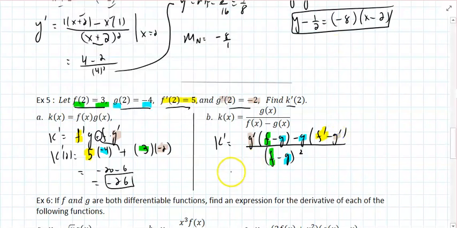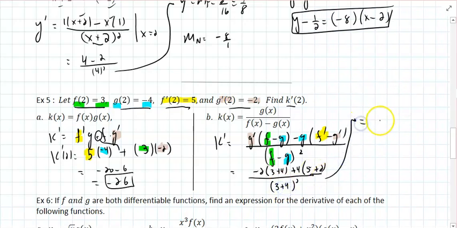So if I replace those accordingly and simplify, that's a -2, and f was a 3, g was a -4, so that's +4, minus a -4, so that's +4 times 5, and g prime was -2, minus a -2 plus 2, and the denominator is f, which is a 3, minus g, which is a -4, plus 4.